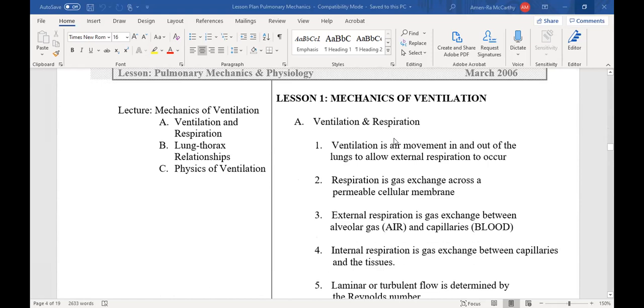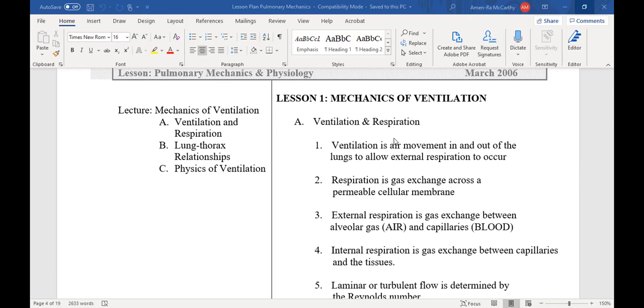Ventilation, mechanics of ventilation. We talked about ventilation and respiration. We said those are 2 different things. Ventilation is the air moving in and out of the lungs, okay? And that allows for the respiration. But respiration is gas exchange across a permeable cellular membrane. What cellular membrane of the alveoli is the gas permeating?